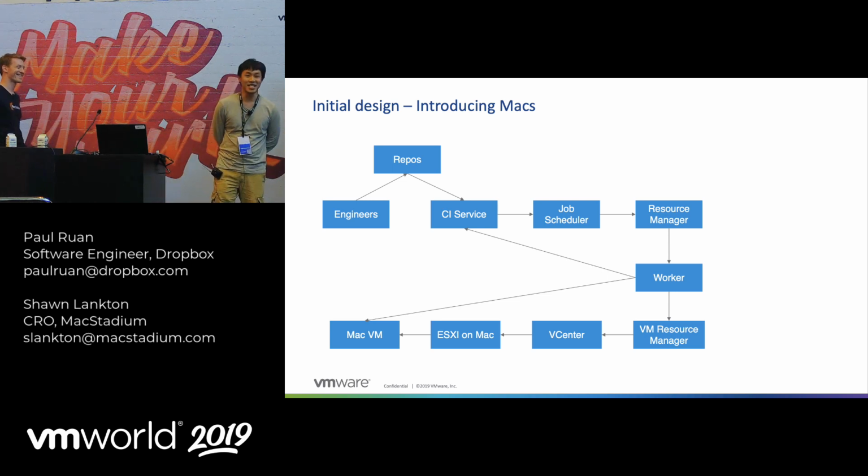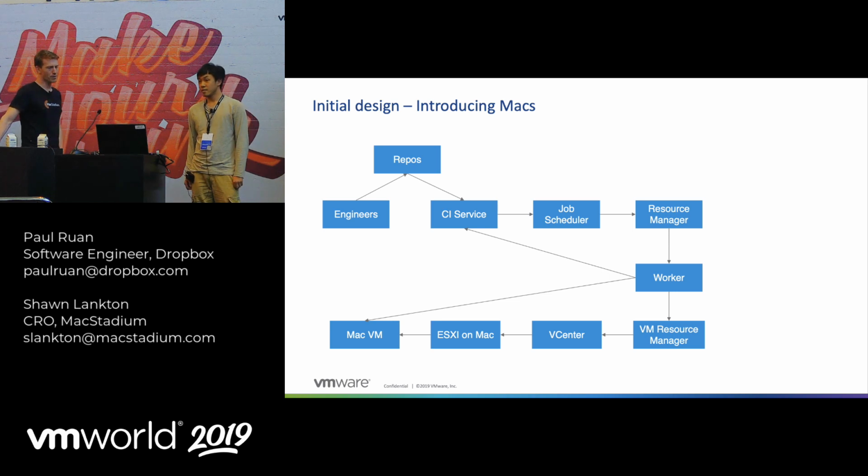Yeah, so to manage our Mac VMs, we're using vCenter. In our CI system, instead of allocating a local container on the worker node, we end up allocating a VM through vCenter. And there's a lot of different steps here.